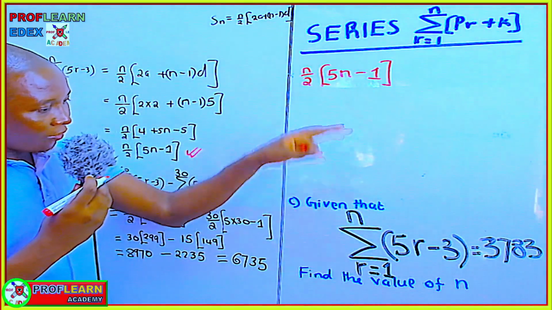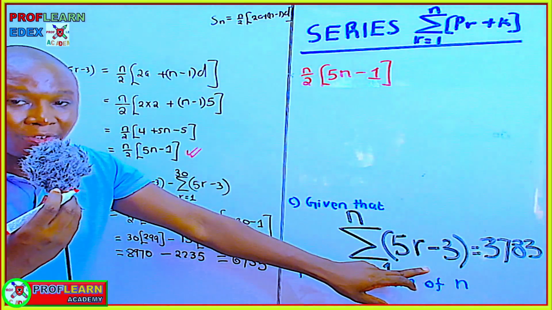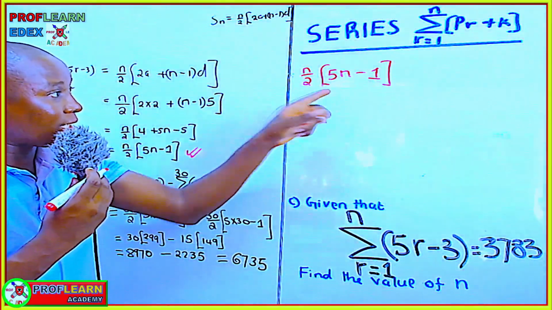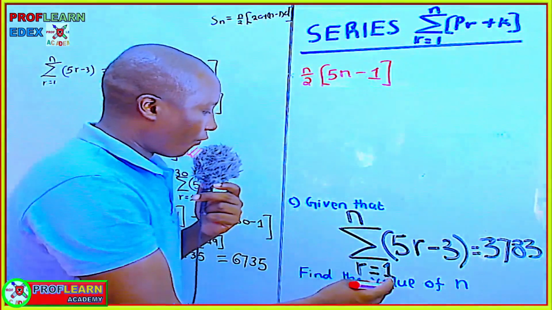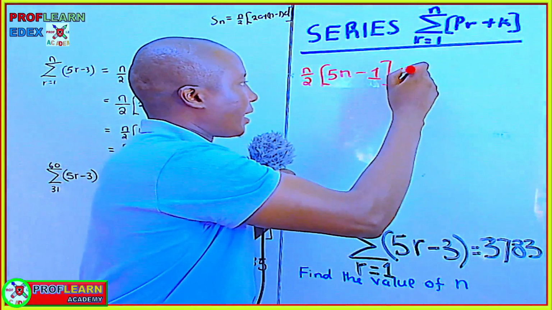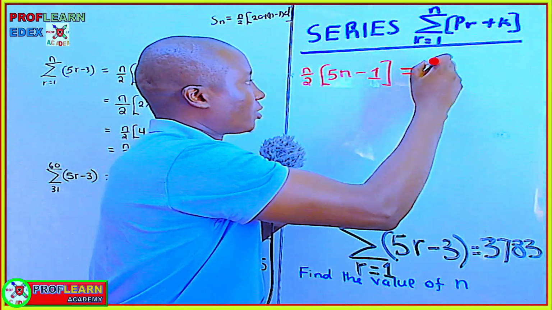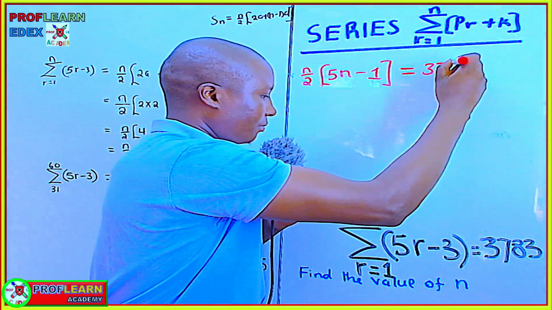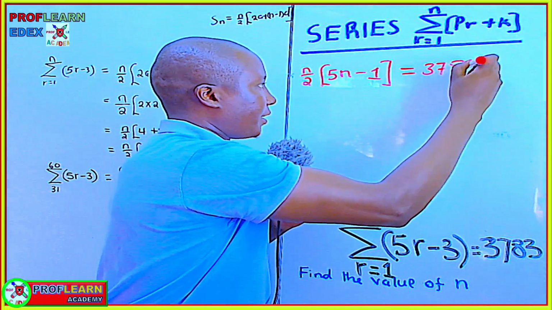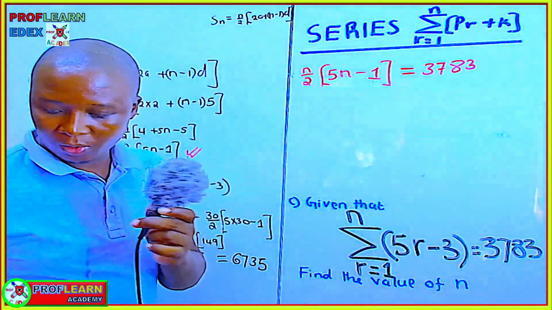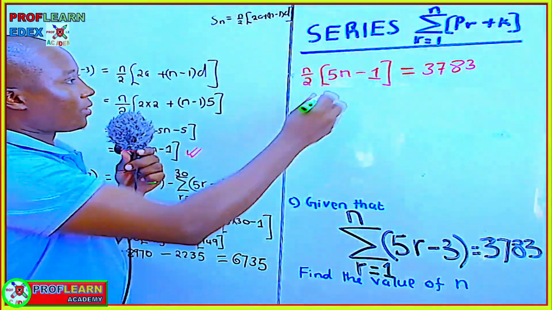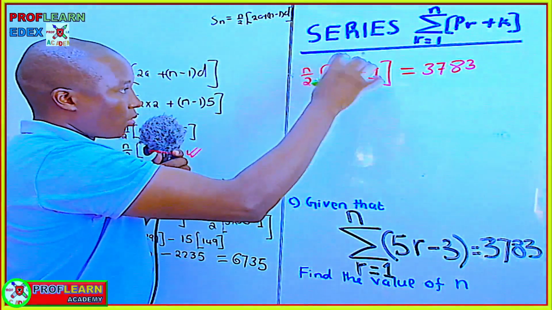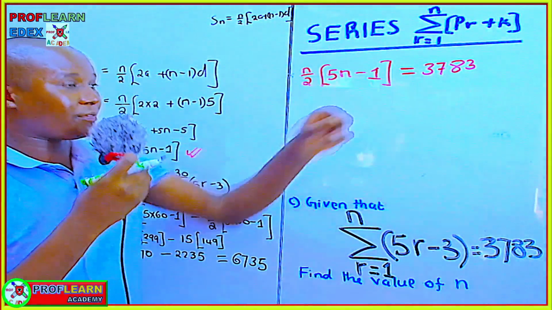Now, for us to evaluate the value of n, we are trying to find the value of n for which our answer is equivalent to 3783. When you substitute, you get 3783.